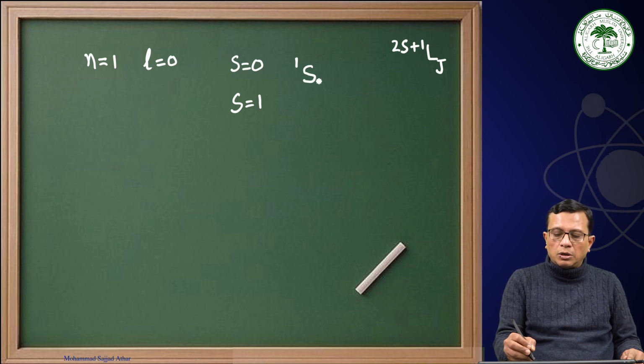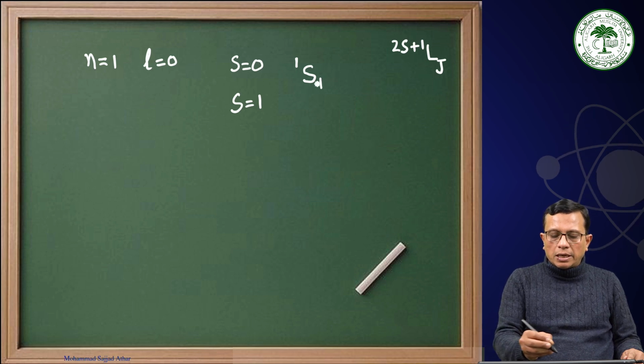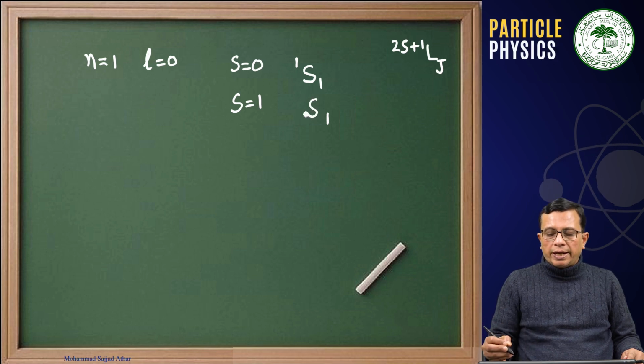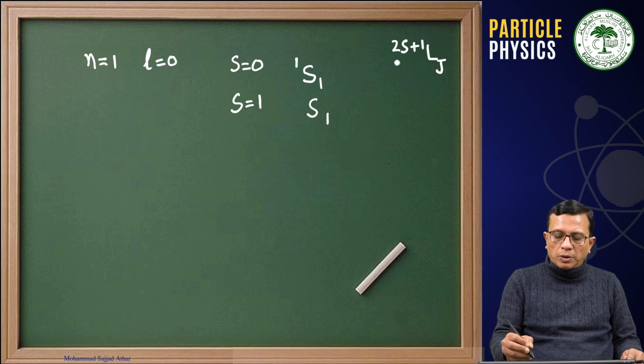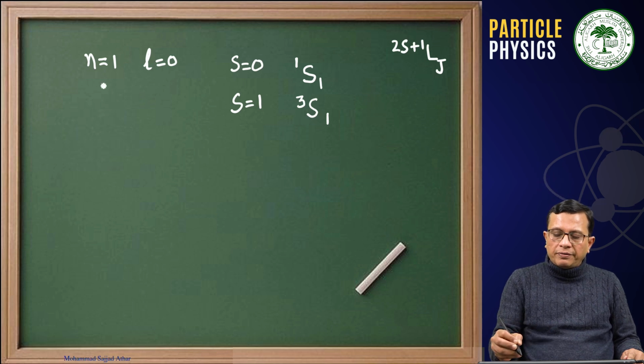When L is 0 and S is 1, J is 1, and L equal to 0 again corresponds to an S state, and 2S plus 1 will give us 3. So we have the states 1S0 and 3S1.